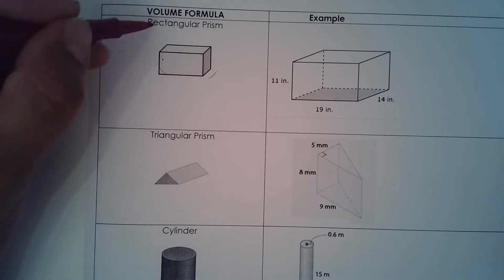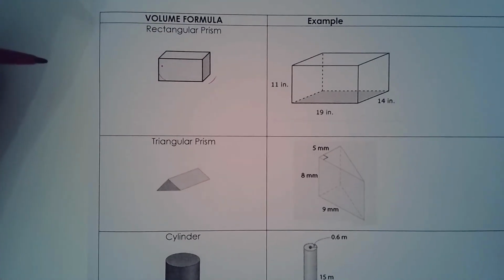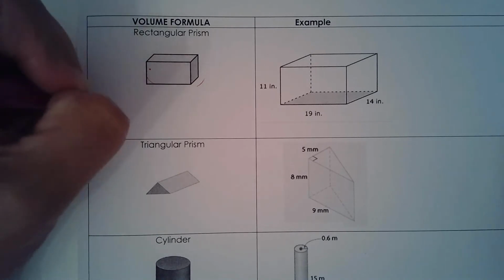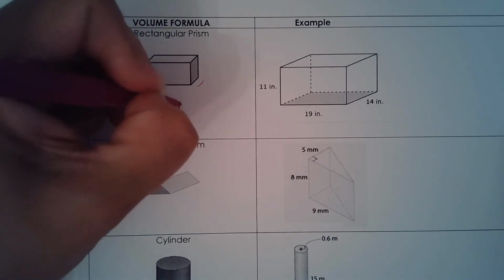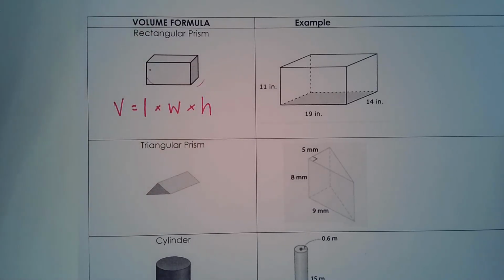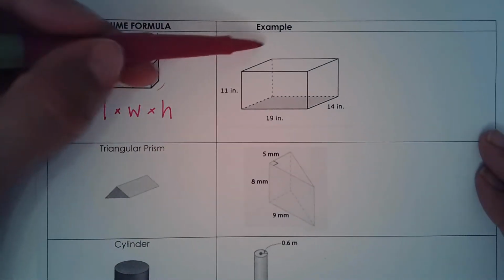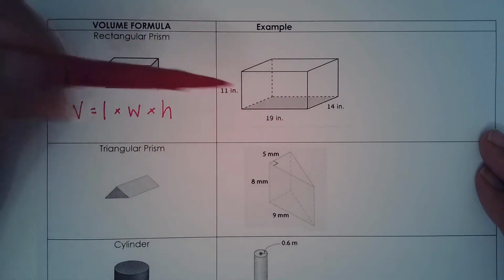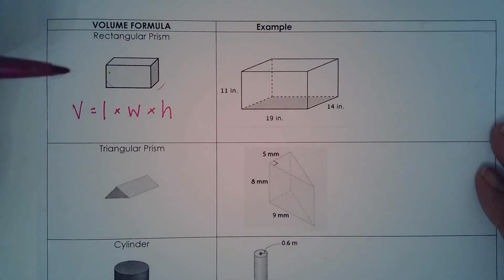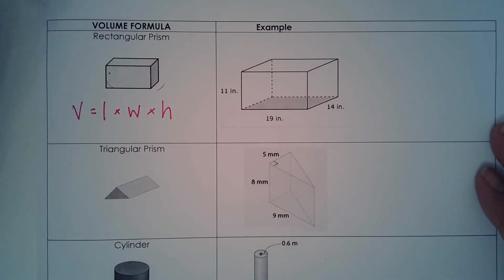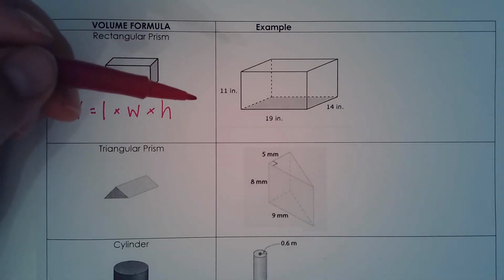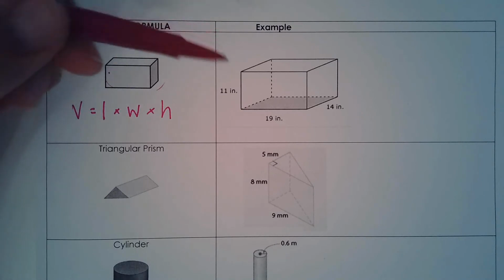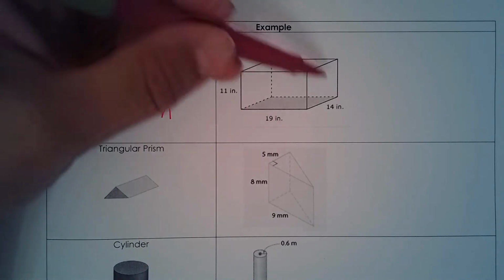So for a rectangular prism, when you want to find the volume, the formula is length times width times height. Using this example here, length, width, and height depend on how you orient the object.